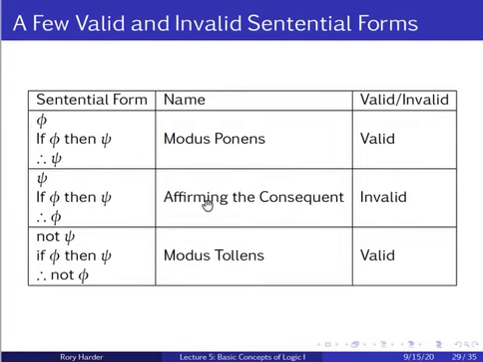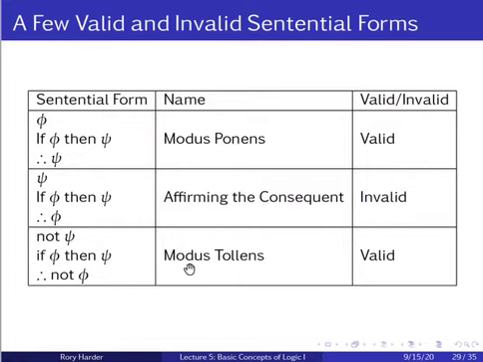Now, an argument form which is invalid is affirming the consequent, where you have a conditional, if phi then psi, but then you affirm the consequent of that conditional and try to infer the antecedent, and that is invalid, as the examples we saw earlier in this video.